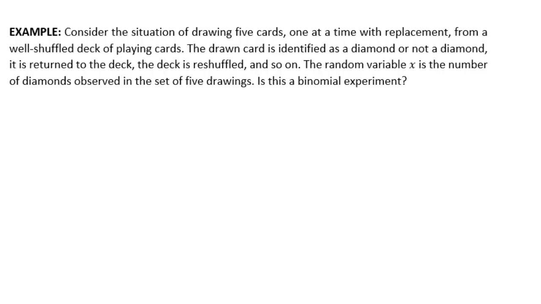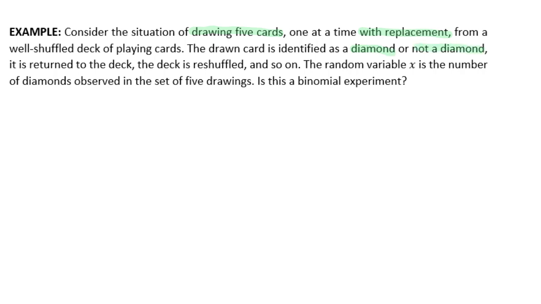Now, we are going to apply what we've learned about binomial experiments to a specific experiment. Consider the situation of drawing 5 cards, one at a time, with replacement, from a well-shuffled deck of playing cards. The drawn card is identified as a diamond or not a diamond.